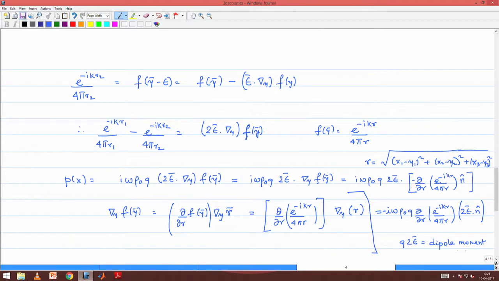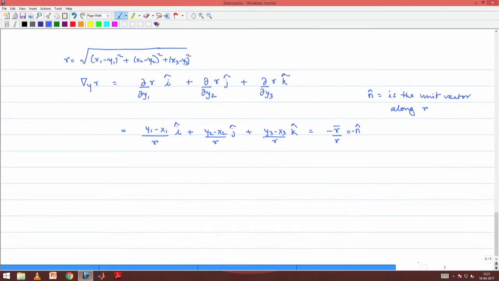So, with this machinery of monopoles and dipoles in place, we will go forward into the next topic, which is about the inhomogeneous wave equation.